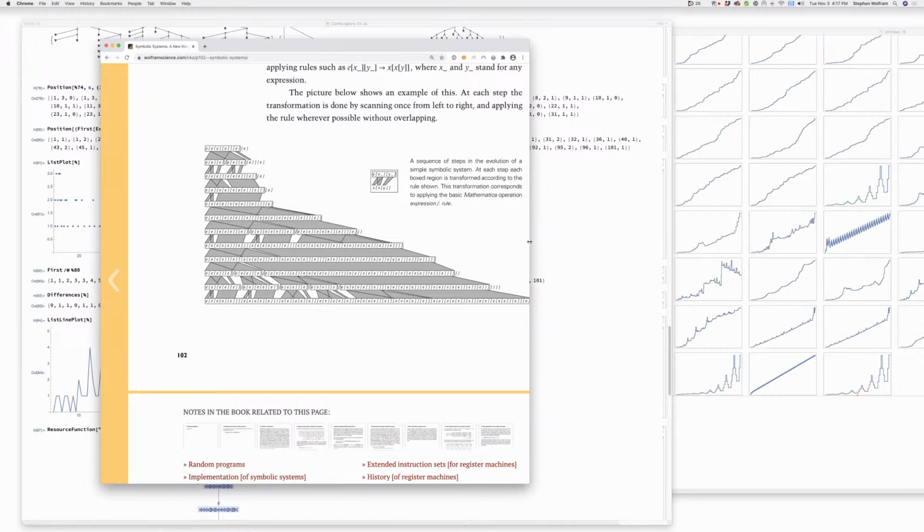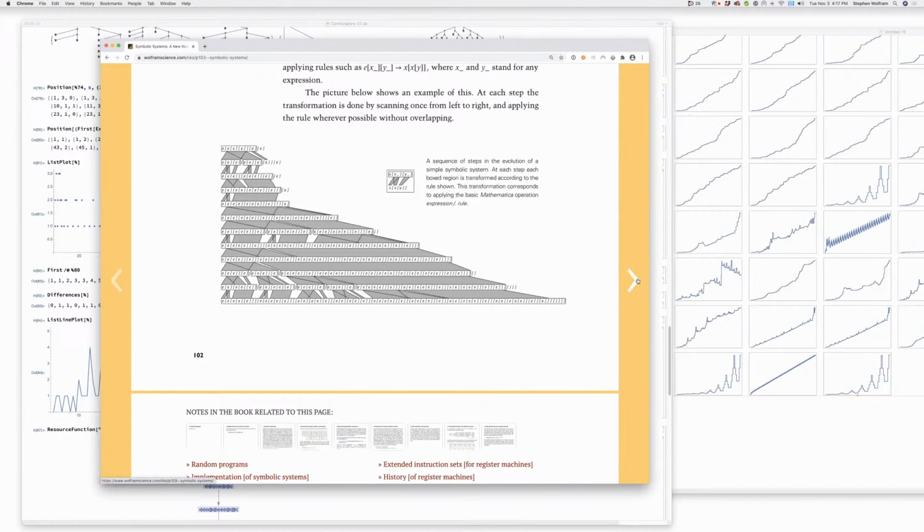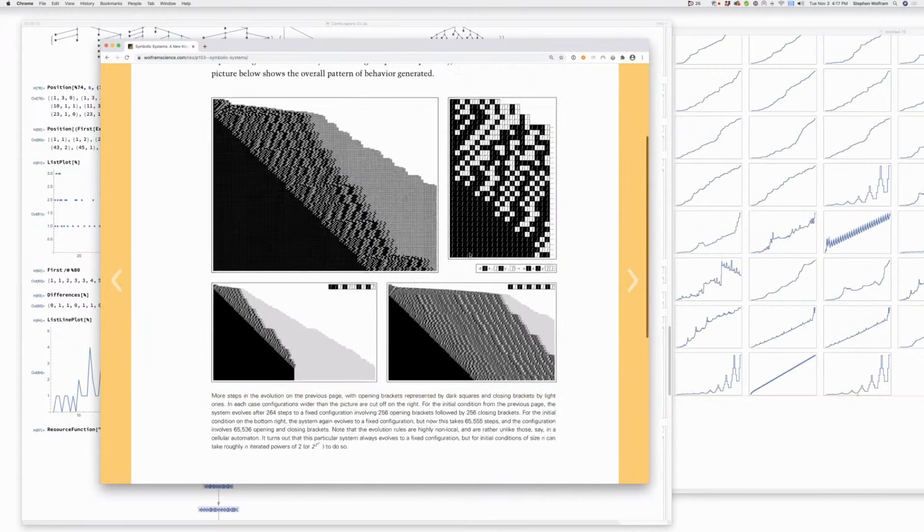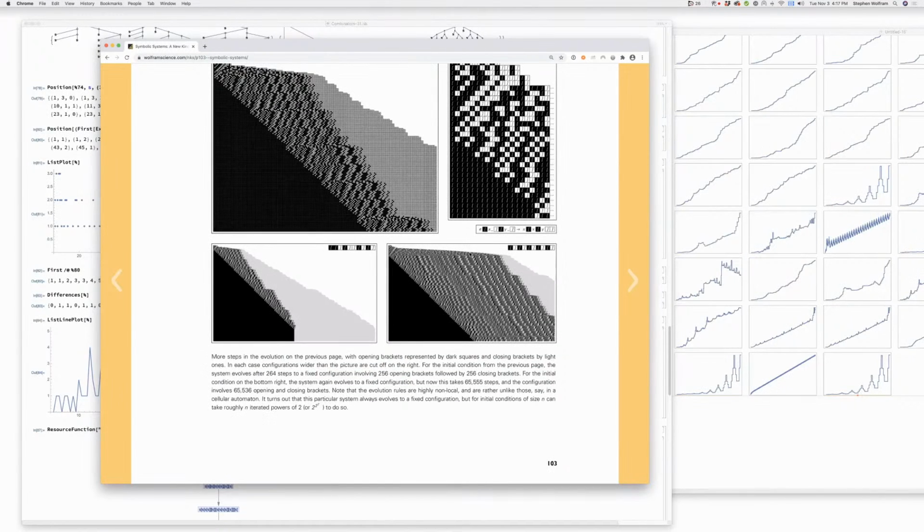And this system has the feature that, with n initial values, it takes 2 to the 2 to the 2 to the n time steps to terminate. So it's the power tower of n steps that it takes to terminate. So a really long time. So there are things like that running around here.